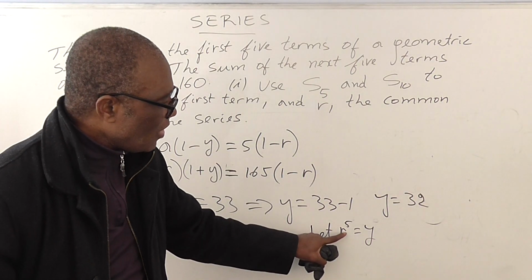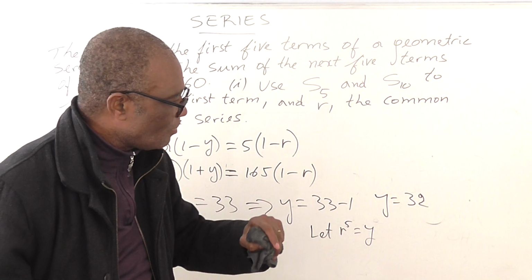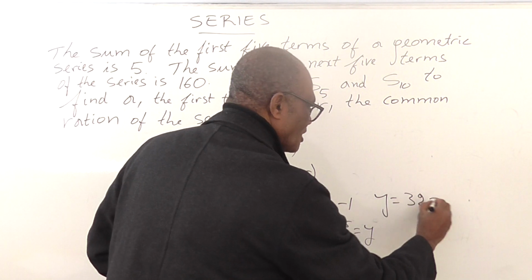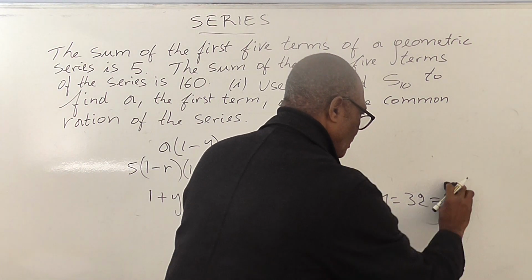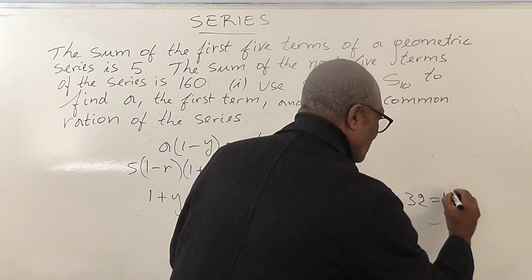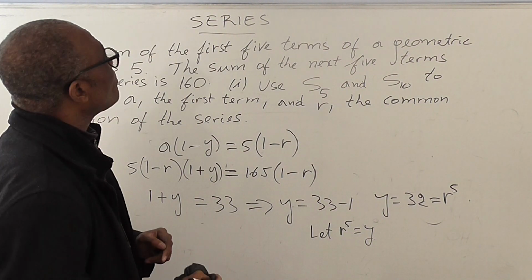Now, if r to the power 5 is equal to y, that means this is equal to r to the power 5.